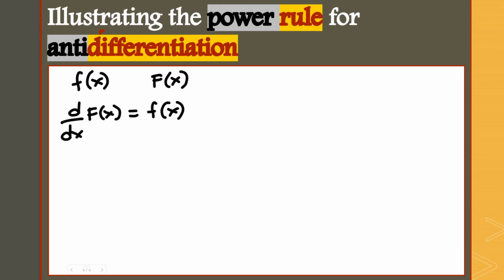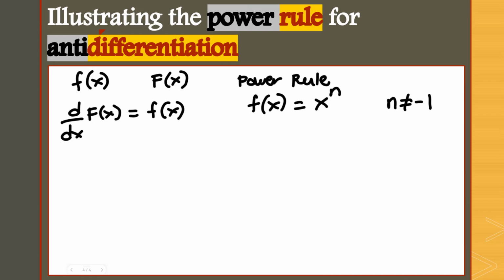Now, the power rule is in this form. The power rule is for all functions f of x expressed as x to the power of n, but this time, this is where n is not equal to -1, because we also have a different rule if our n is equal to -1.